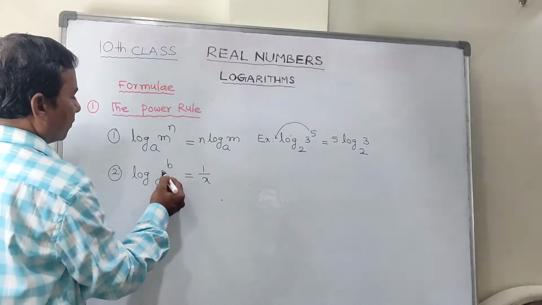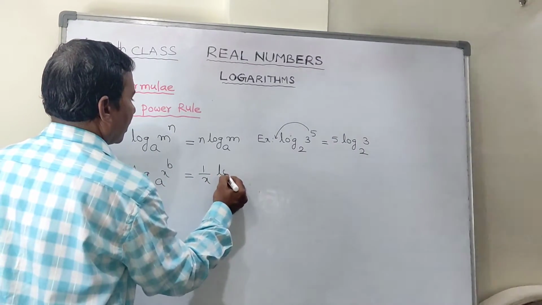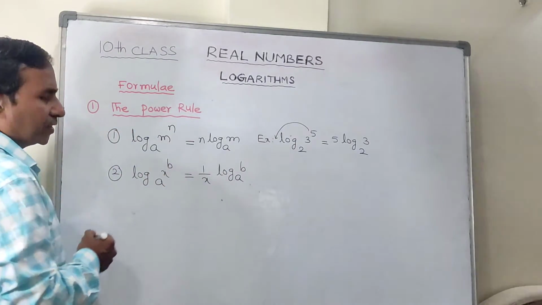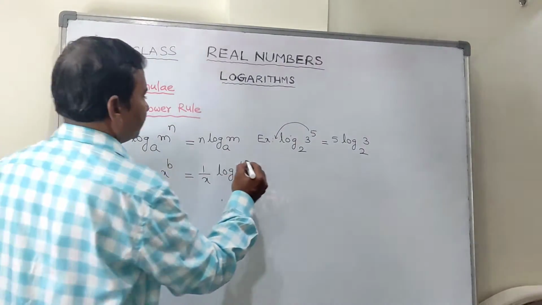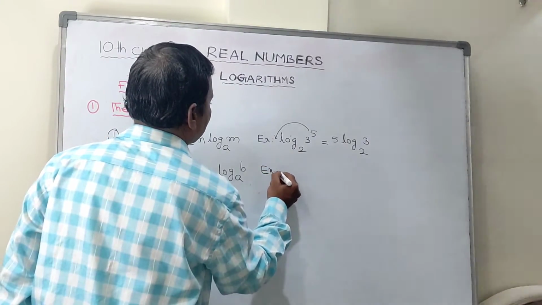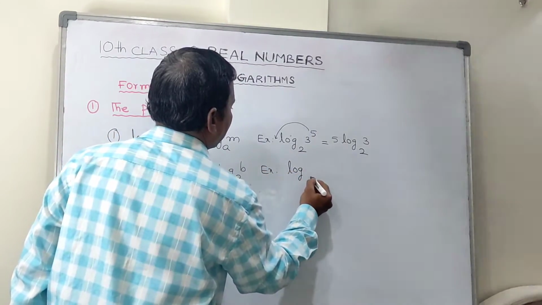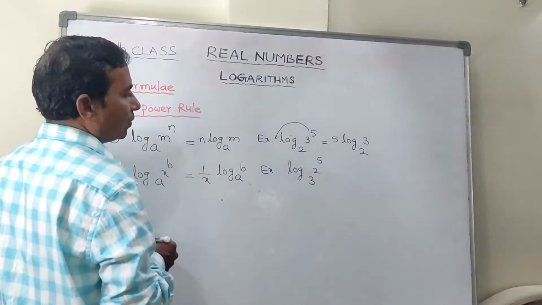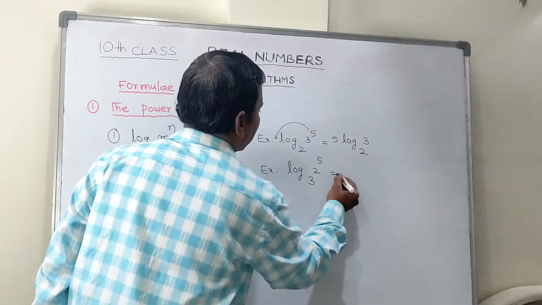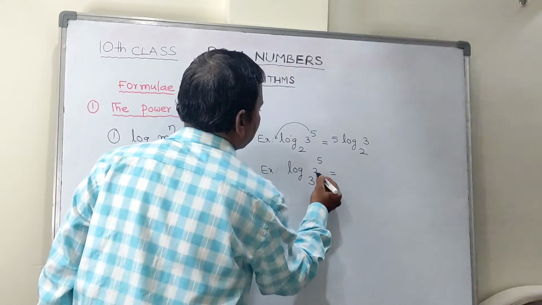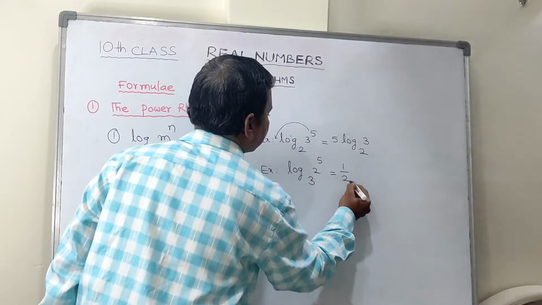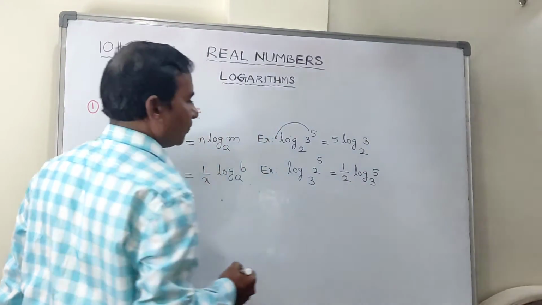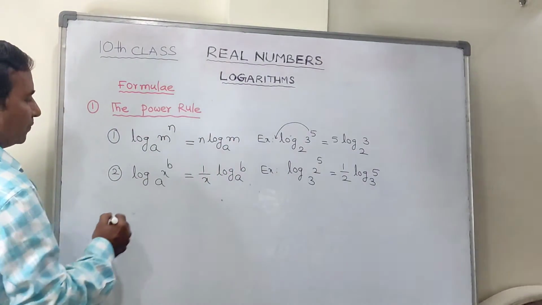Division means 1 by x, log b to the base a. This is the second formula. See one example: log 2 to the power of 5 to the base 3, its value becomes 1 by the middle value, means 1 by 2 log 5 to the base 3. This is the application of the second formula.